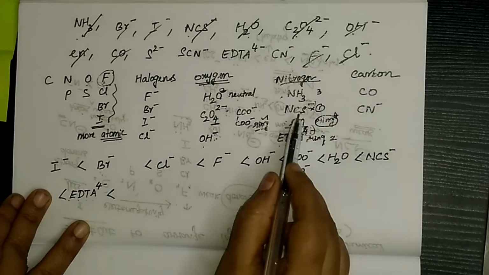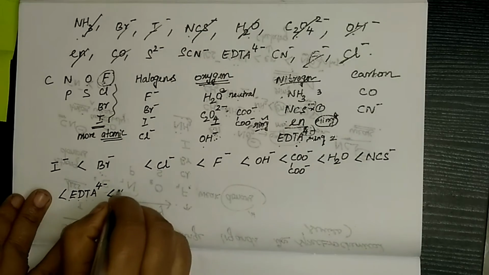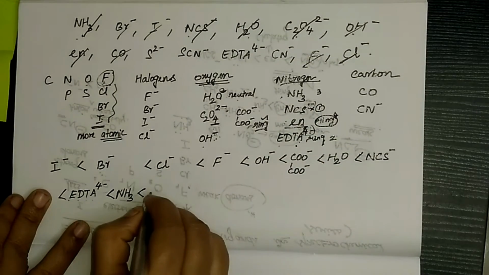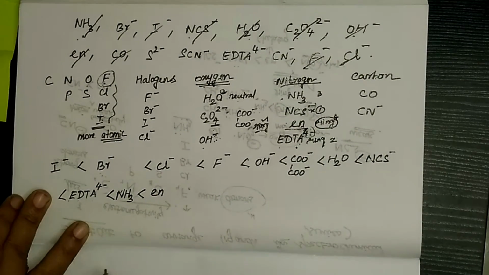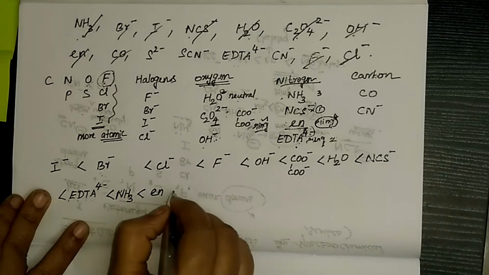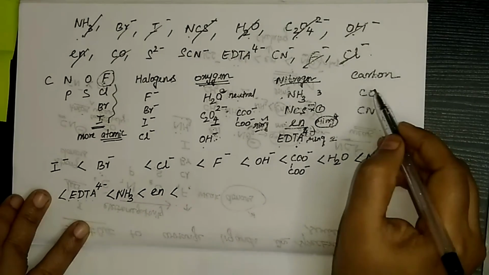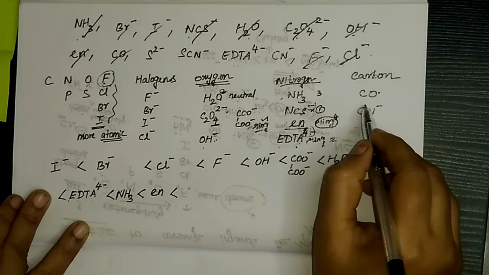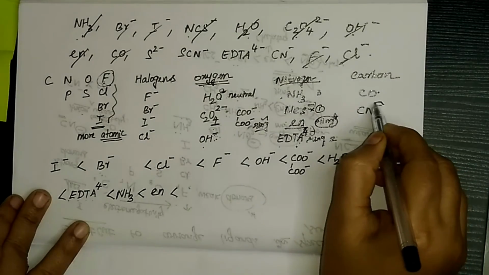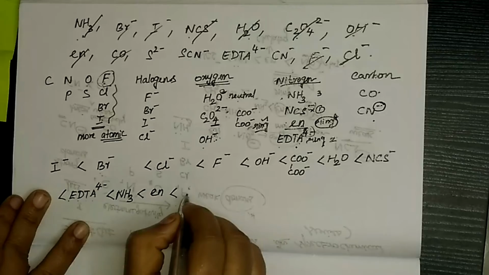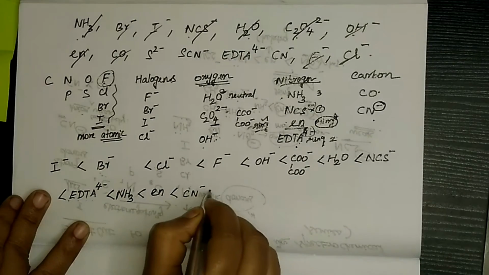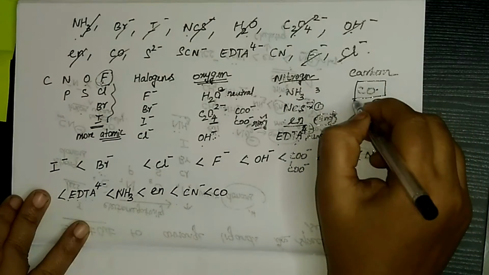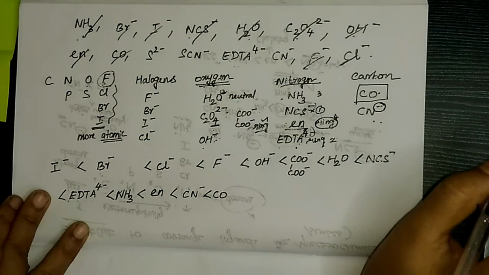Next to EDTA is single donor, that is ammonia. Next to ammonia is the double donor, that is ethylene diamine, which forms a chelating ring. And the last is you have CO and CN. In this case, CN minus, it is an anion. So it will be weaker comparatively to CO. See, you have a lot of explanation for CO, but I am just giving a shortcut.